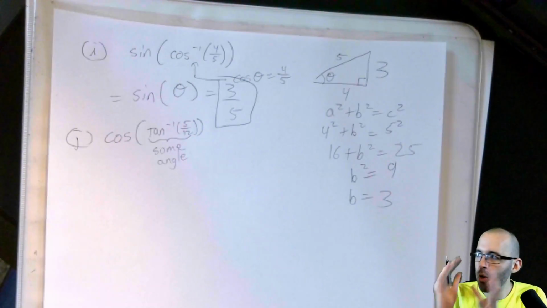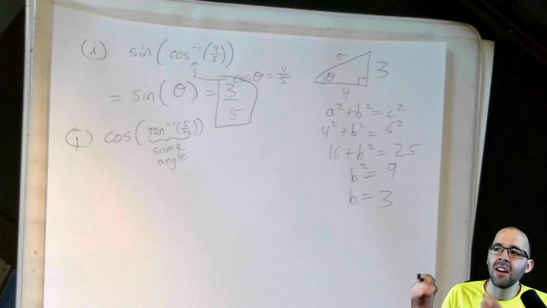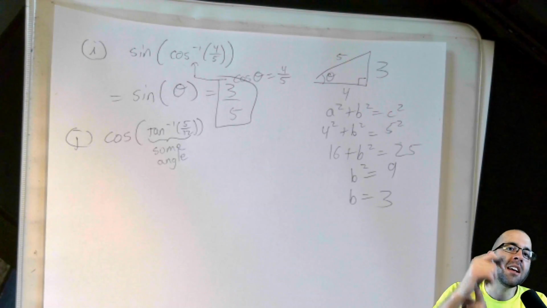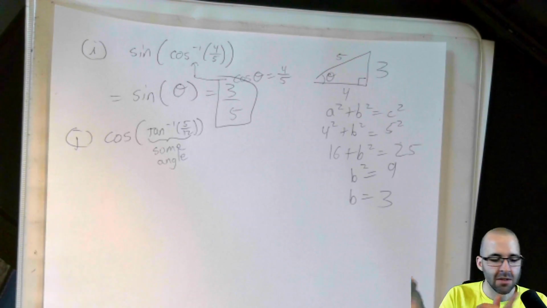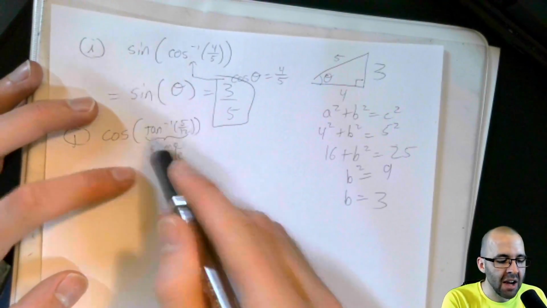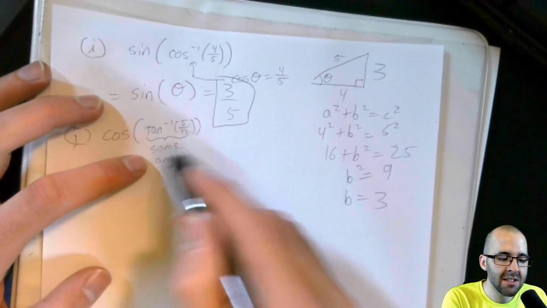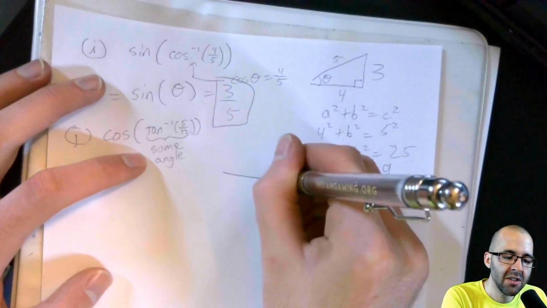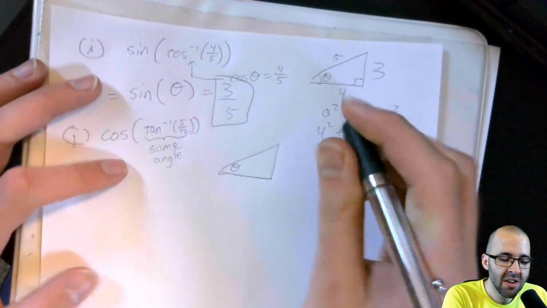Because one of the themes so far of this first half of the semester is that sine of an angle gives a ratio, and inverse sine of a ratio gives an angle. It goes backwards. So this value on the inside is the inverse tangent of a ratio, which means this is some angle. And I don't know what the angle is, and to be honest, it doesn't matter. Let's call it theta.